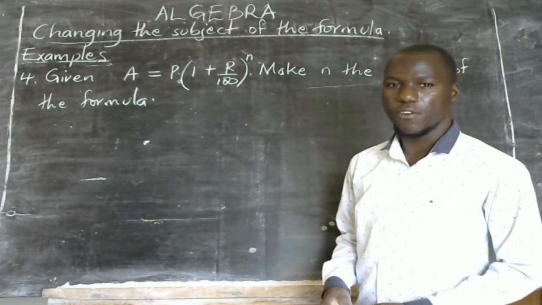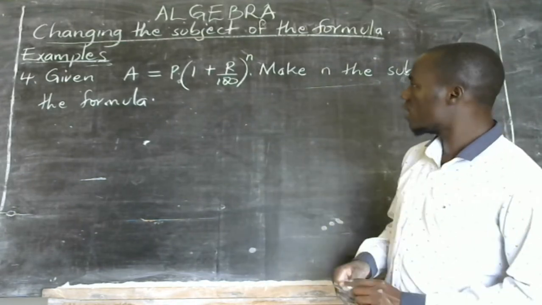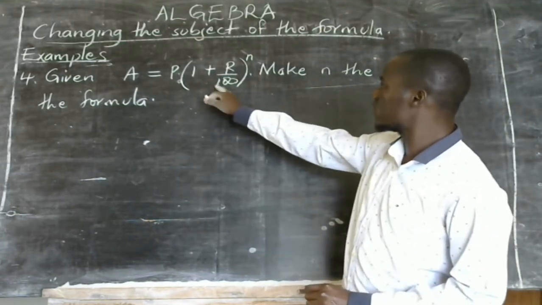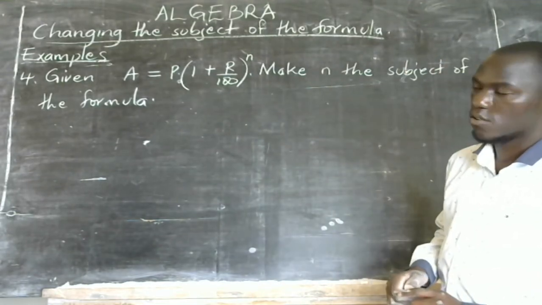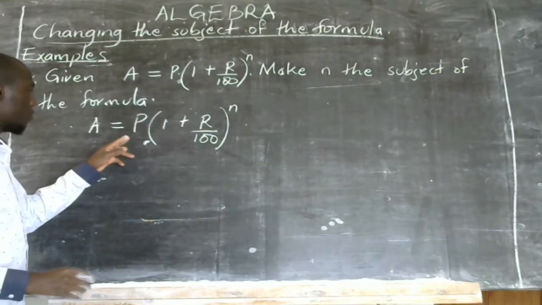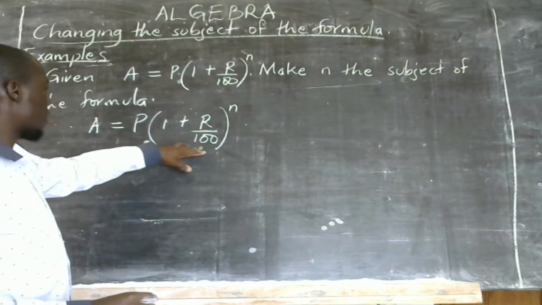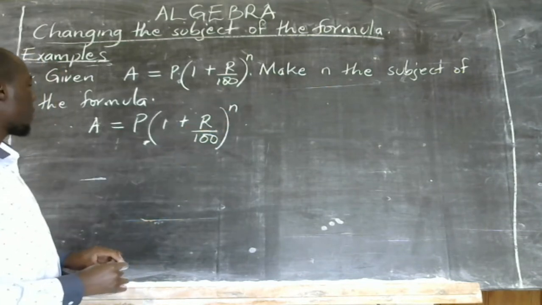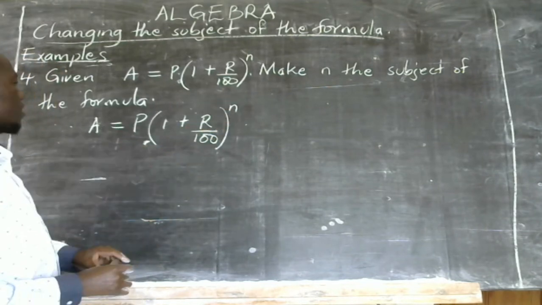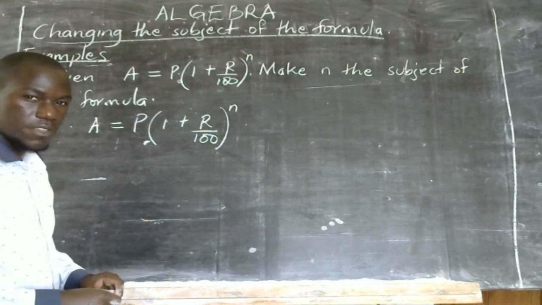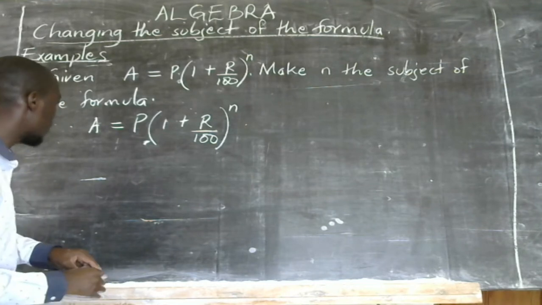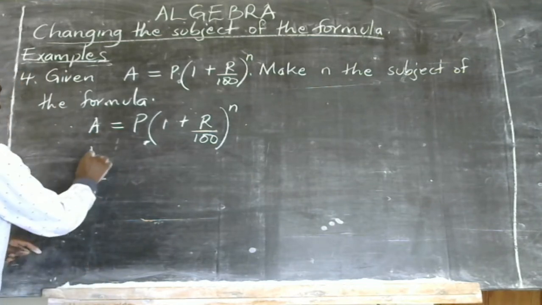My example 4: given a is equal to p into brackets power n, make n the subject of the formula. When you look at this bracket that has the power n, it is still attached to the multiplication of p. So first remove p by dividing both sides by p.